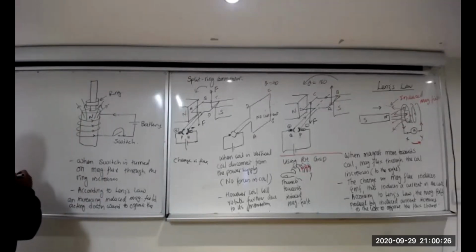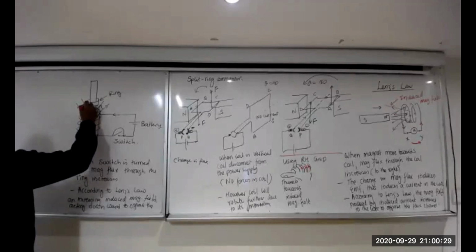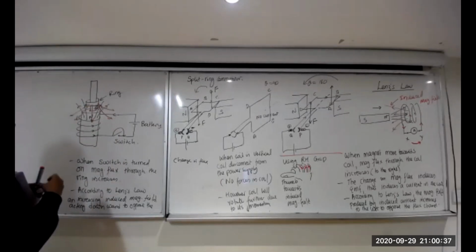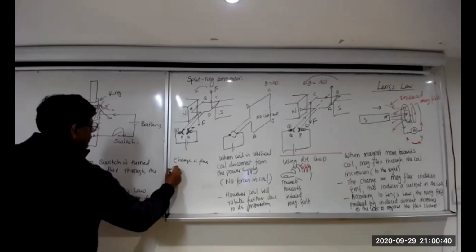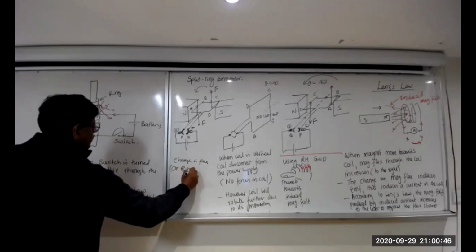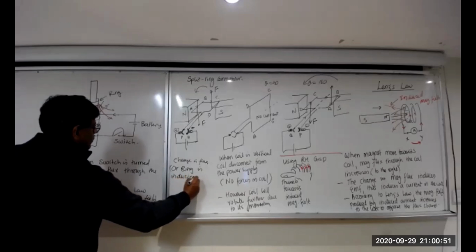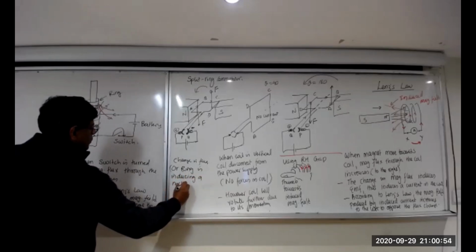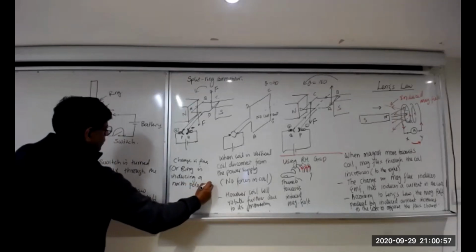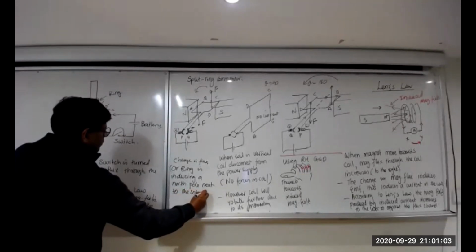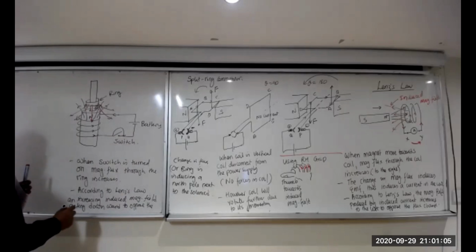The ring is creating its own north pole. So north and north means repelling each other.